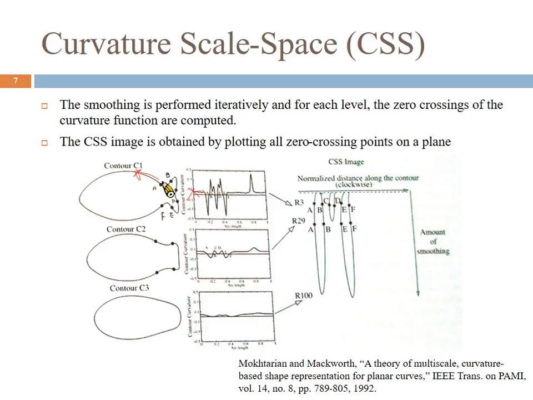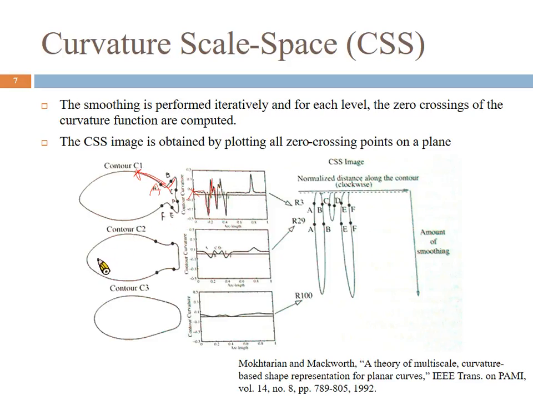Then we go to, for example, point A, where the gradient equals 0. The curvature value goes from positive to negative at point A, and then at point B, the curvature goes from negative to positive, and so on.